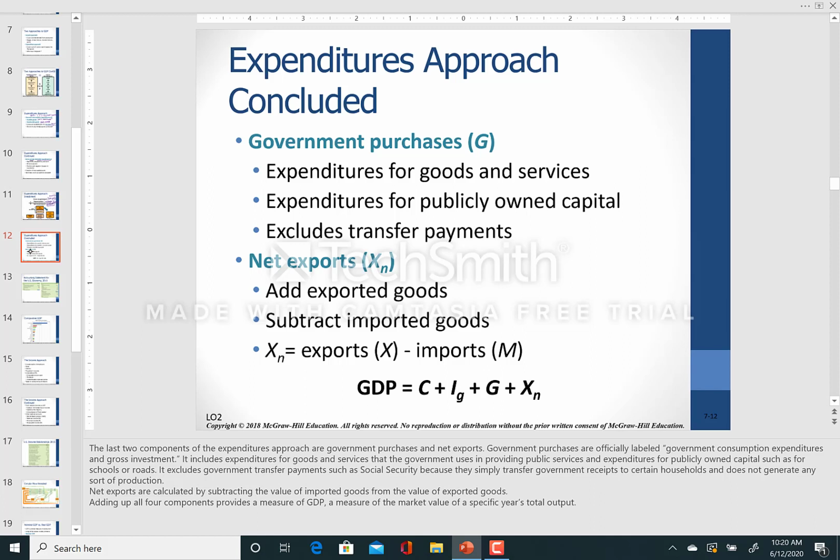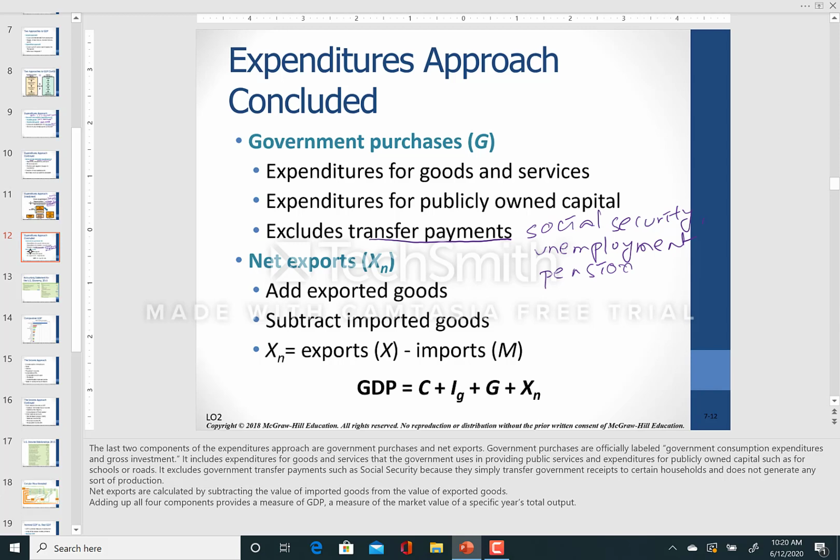Then we have government purchases. It includes everything except transfer payments. For example, as we talked about in the last slide, it's excluding social security, it's excluding unemployment allowances, and it's also excluding pension payments.